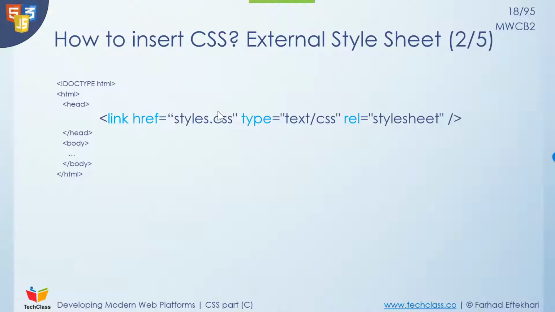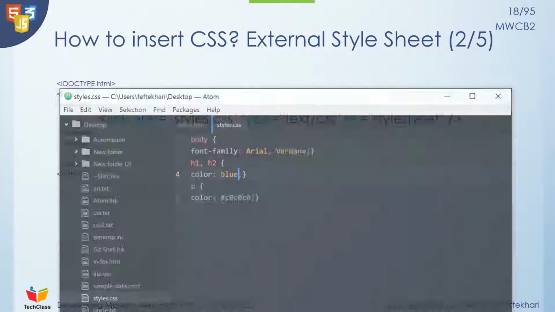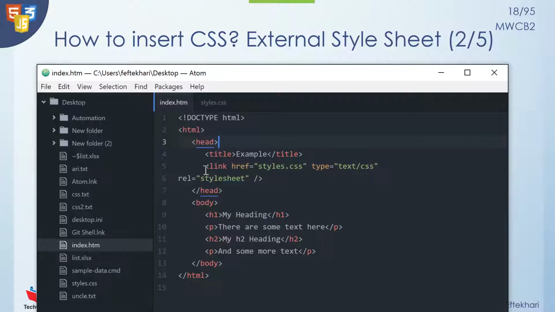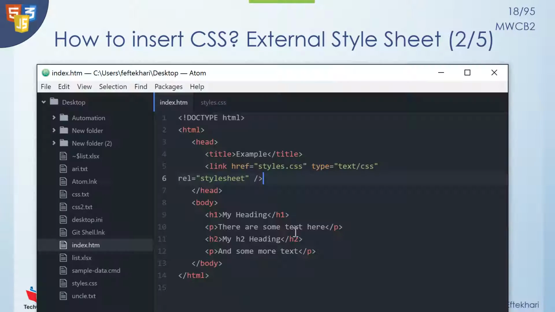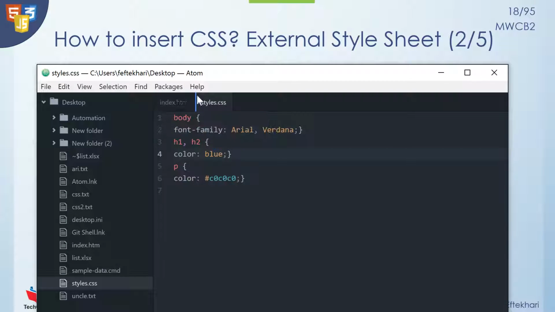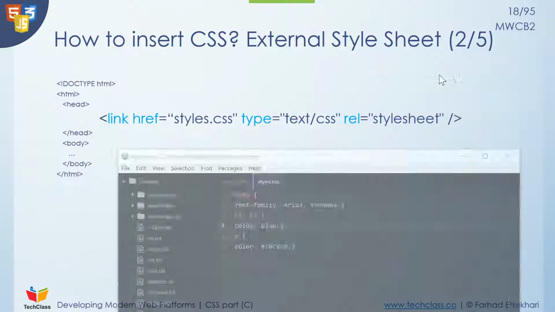So here with this line of the code, and also in the example that we wrote and copied here, you can see that you can apply the CSS rules which we place in this external file here as well.